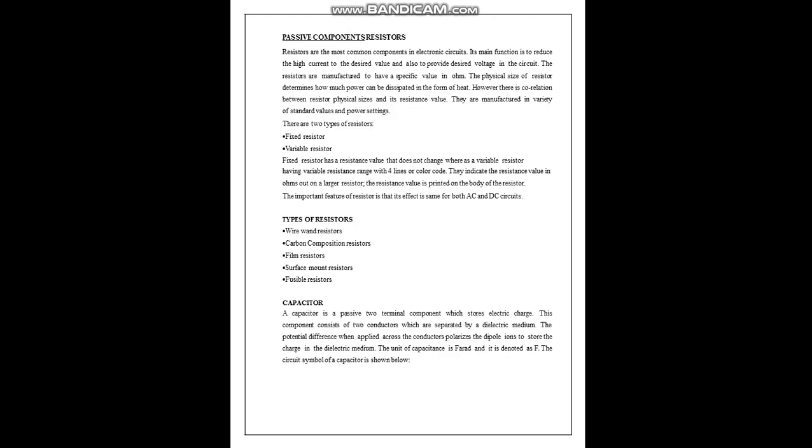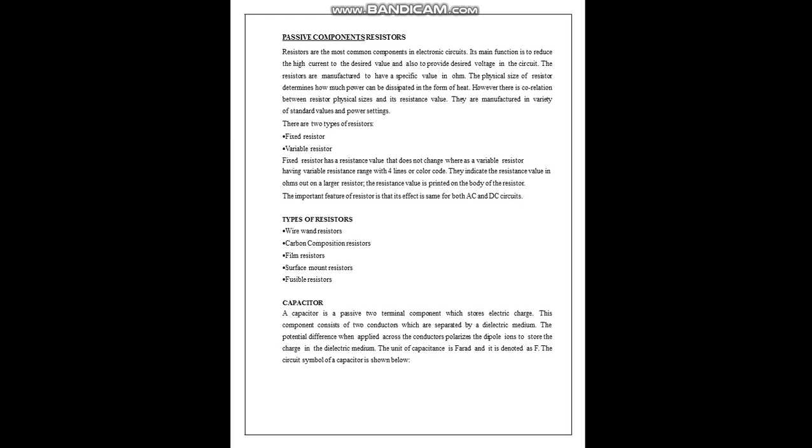In passive components, first we are going to see the resistor. It is the most common component in electronic circuits because we use it in many things. A resistor is used to reduce a high current to the desired value and also provide the desired value in the circuit. Resistors are manufactured according to their value in ohms.